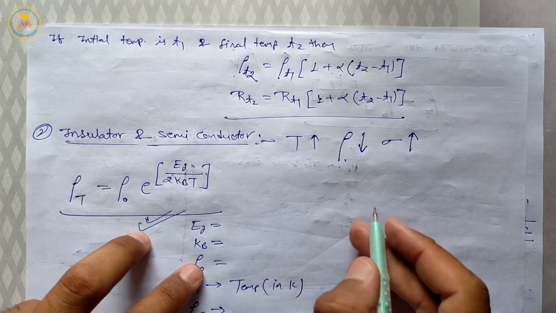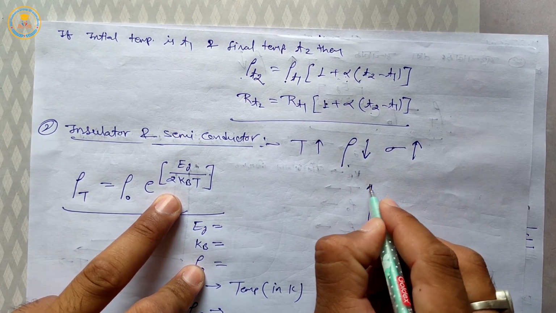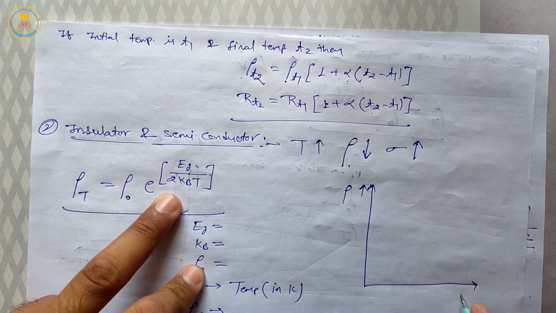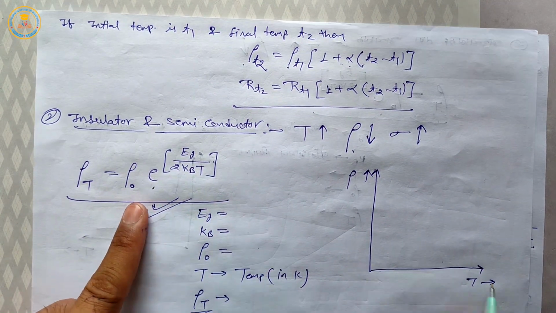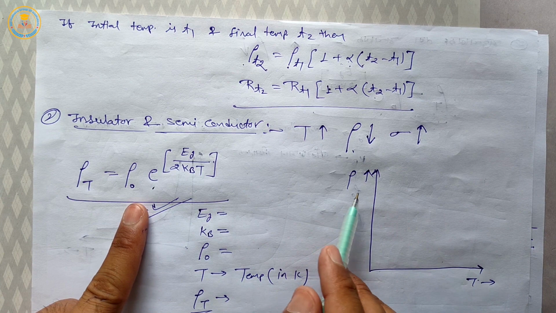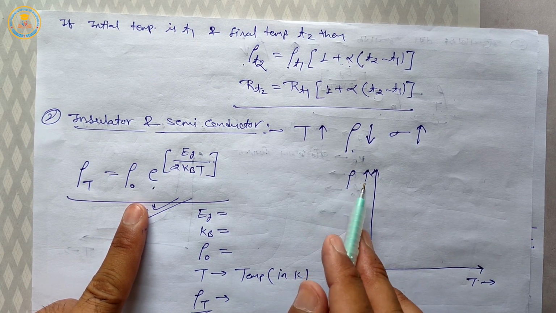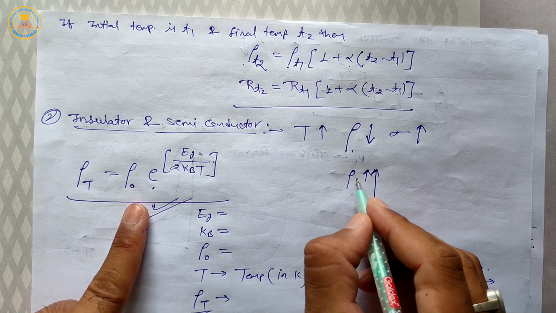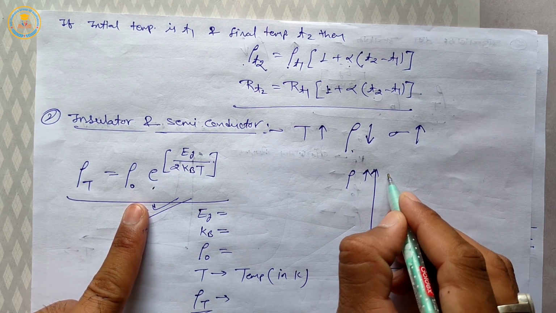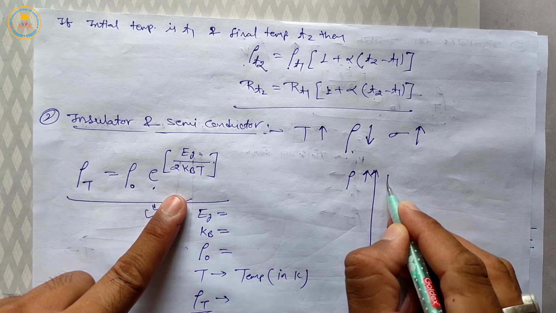From this equation we represent the graph between resistivity and temperature. At low temperature the resistivity will be high, and as we increase the temperature, the resistivity will decrease exponentially like this.